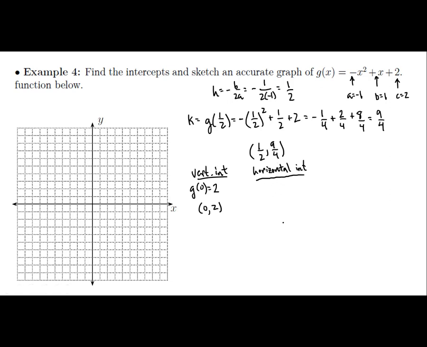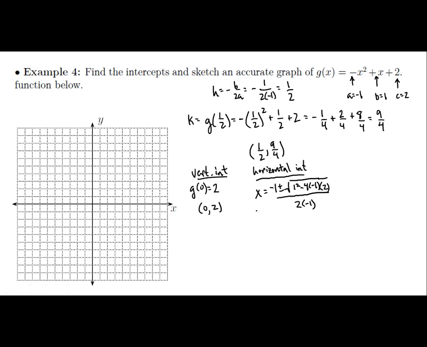So this would give me x is equal to -b plus or minus the square root of b squared minus 4 times a times c, all divided by 2a, so 2 times -1.